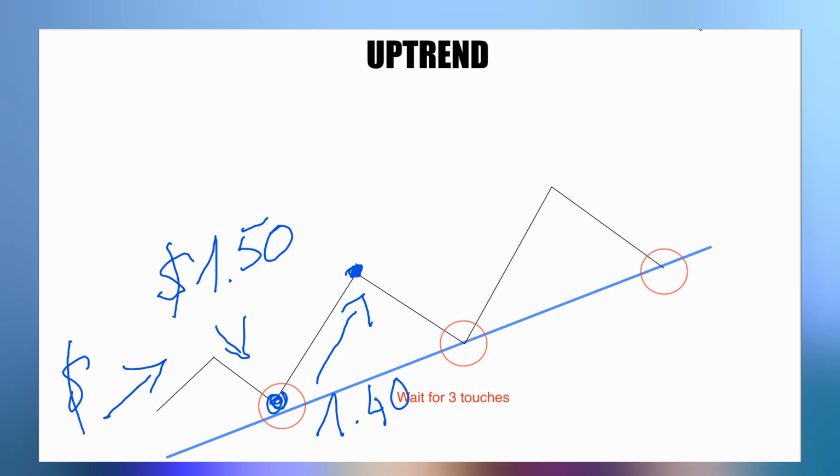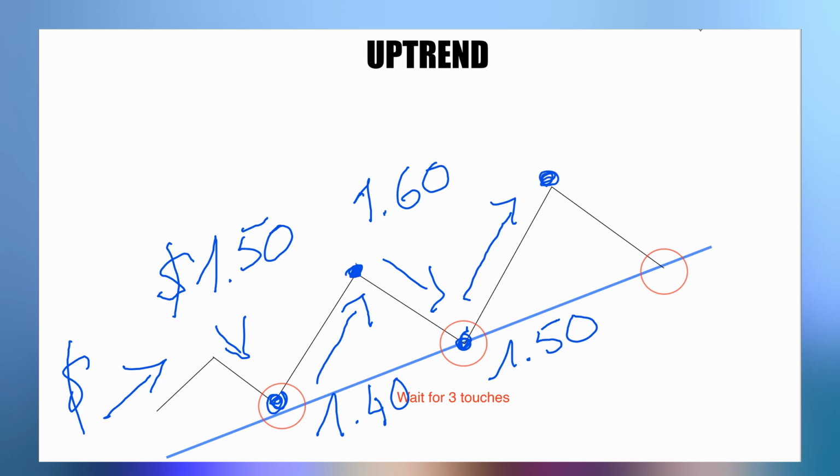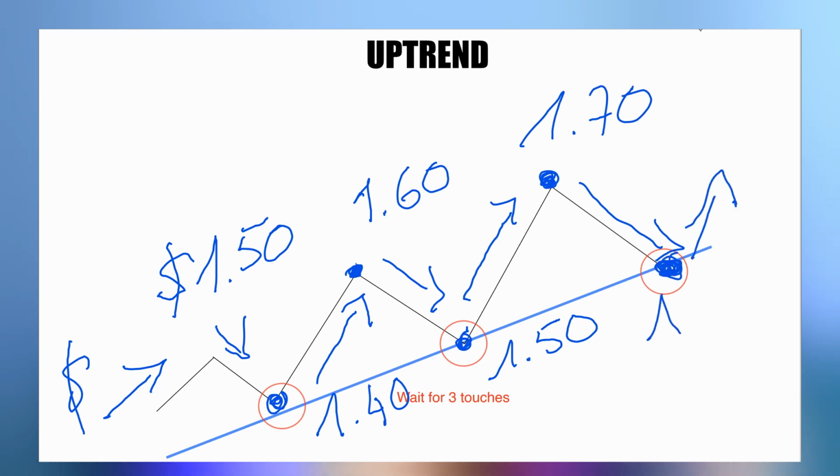It stops going up at this point and we have $1.60 and then it goes down a little bit, stops here at around $1.50 and then goes up. Price stops going up at this point at $1.70 and then goes down. Let's just say price stops going down before it goes up. And this is the low of the price. And let's say $1.60, for example, just to make things very simple and easy to understand.